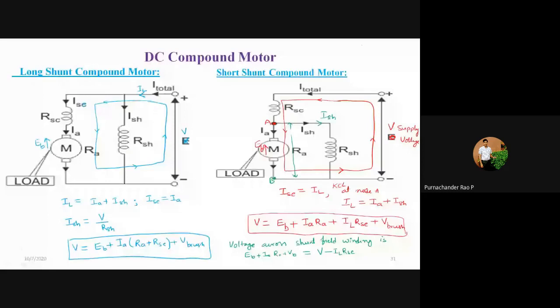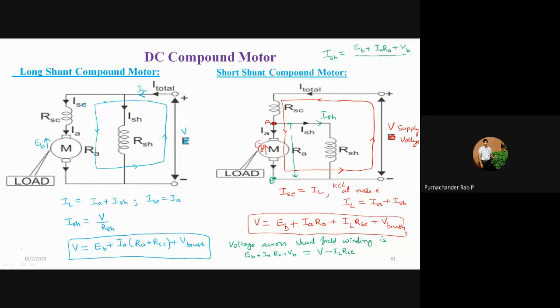The value of ISH is equal to the voltage drop across the field winding divided by resistance, and therefore this should be equal to EB plus IA RA plus the brush drop, divided by RSH.